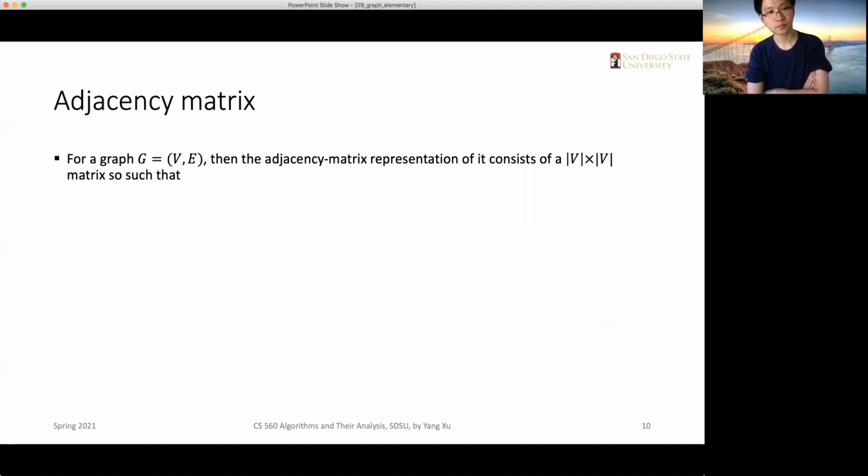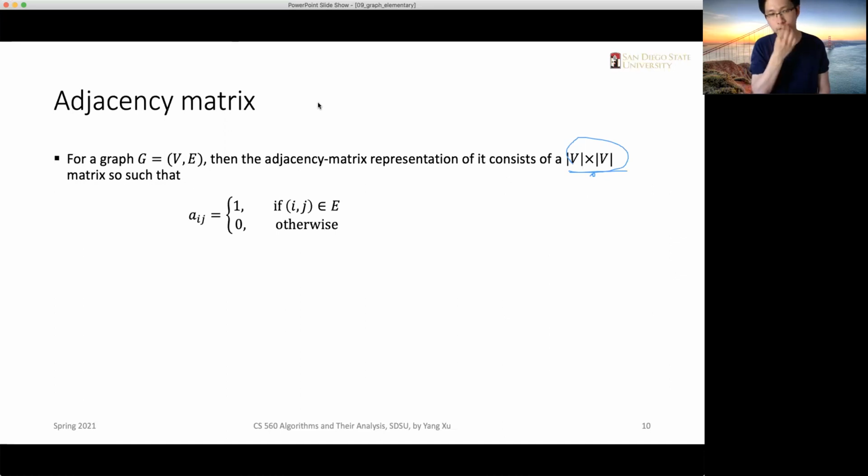For this method, we need to create a matrix of V times V elements to represent the connecting relationship between all vertex pairs.